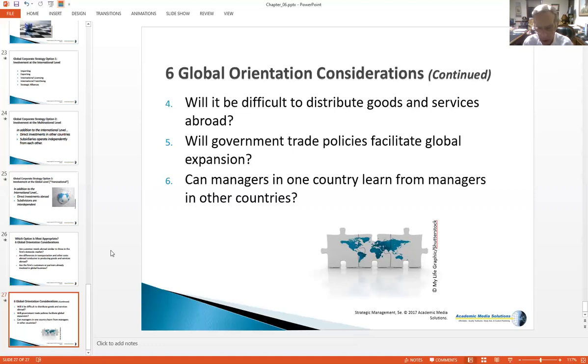By way of example, the government of India for a long time, and still to some extent, does not want corporations in that country to be majority owned by foreigners. So PepsiCo, for example, moved into India by acquiring a minority interest in a large soft drink manufacturer.